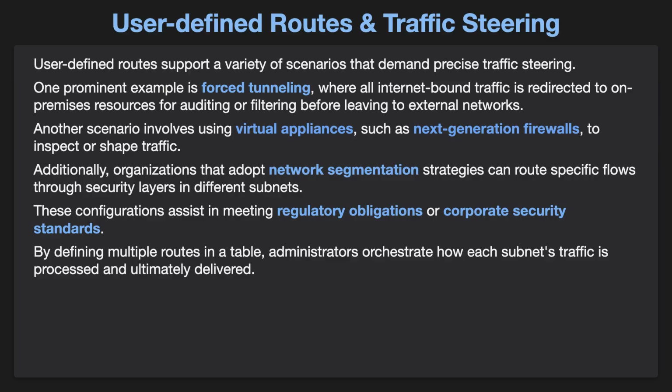Additionally, organizations that adopt network segmentation strategies can route specific flows through security layers in different subnets. These configurations assist in meeting regulatory obligations or corporate security standards. By defining multiple routes in a table, administrators orchestrate how each subnet's traffic is processed and ultimately delivered.